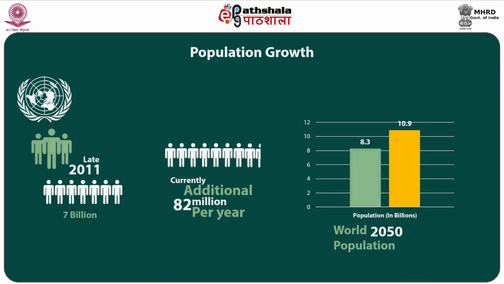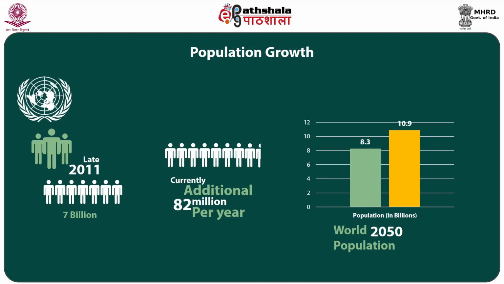Let us talk about population growth. According to the estimates provided by the United Nations, in late 2011, the world's population surpassed the 7 billion mark. The current estimates indicate that 82 million people are added to the global population every year, and the projections indicate that by the year 2050, the world's population is expected to reach somewhere between 8.3 to 10.9 billion.